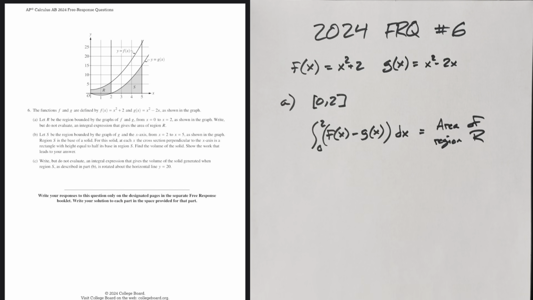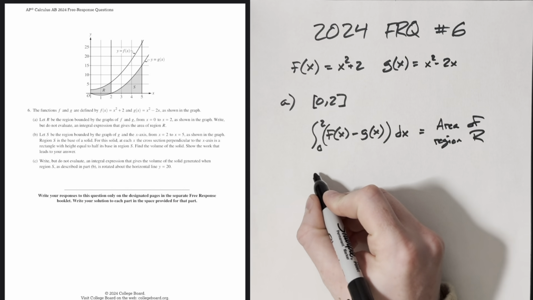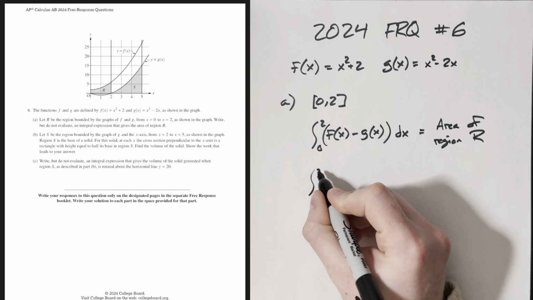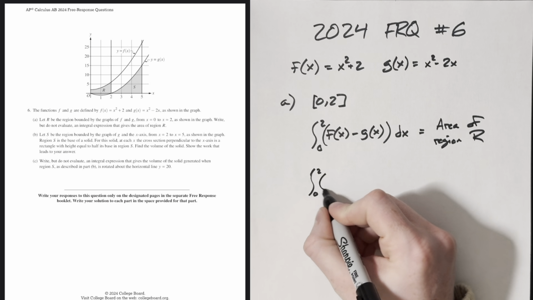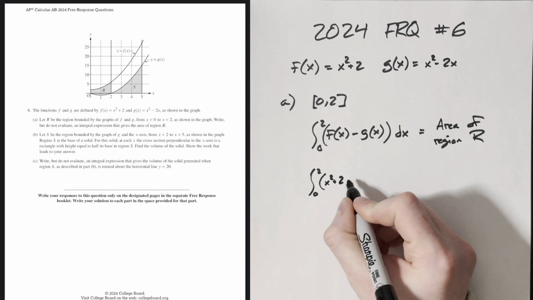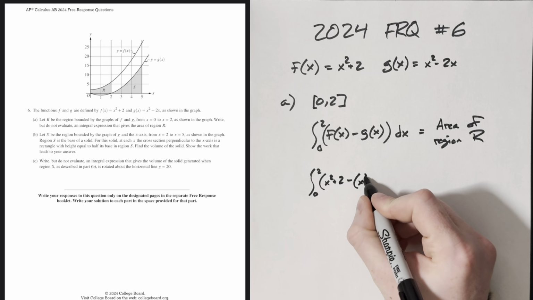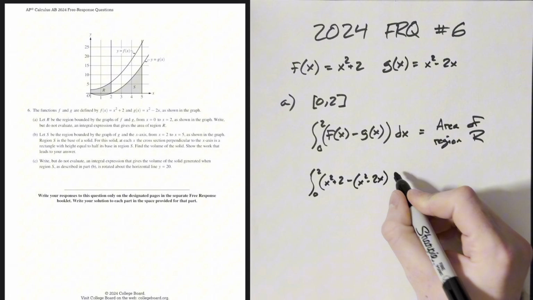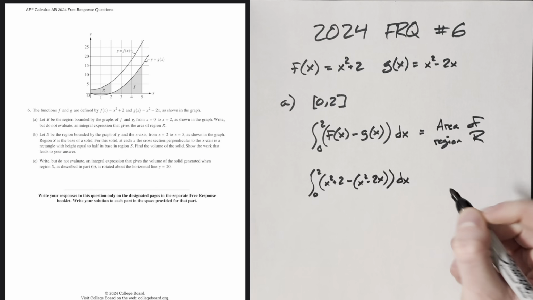We could also plug in the x squared plus 2 and the x squared minus 2x. If we were to do that, we would get the integral from 0 to 2 of x squared plus 2 minus (x squared minus 2x) dx.